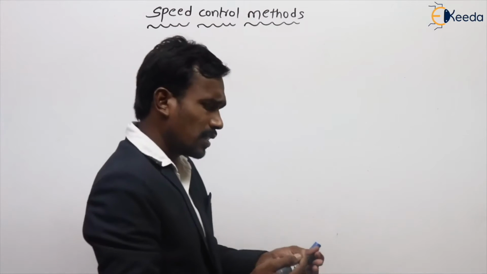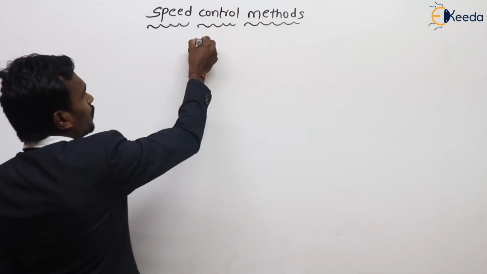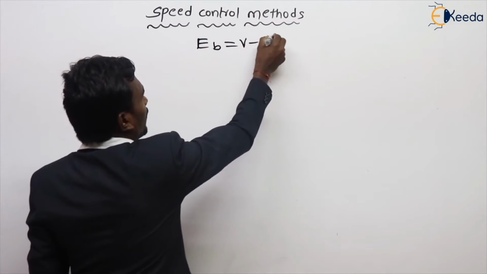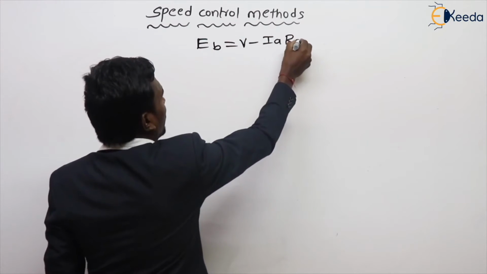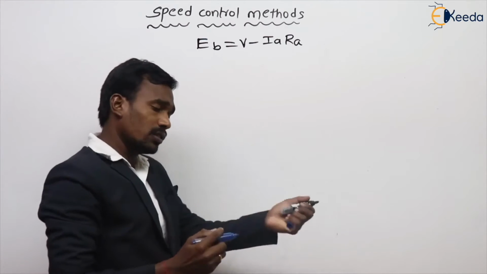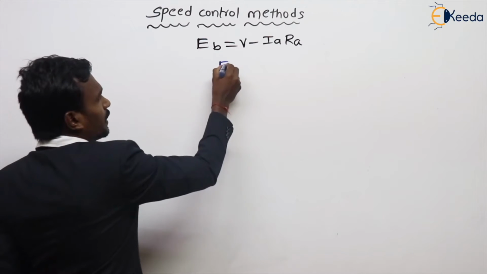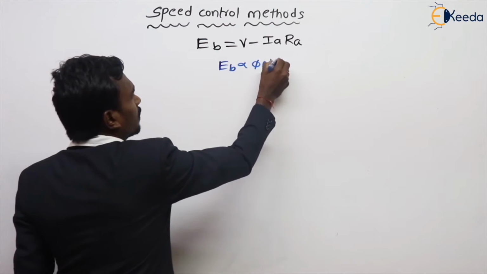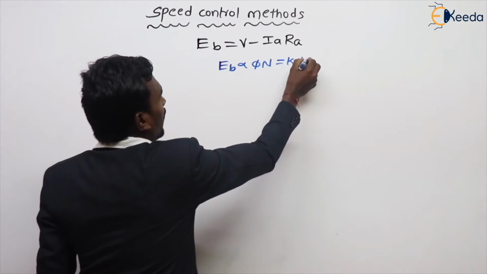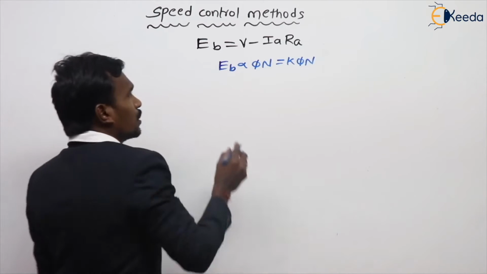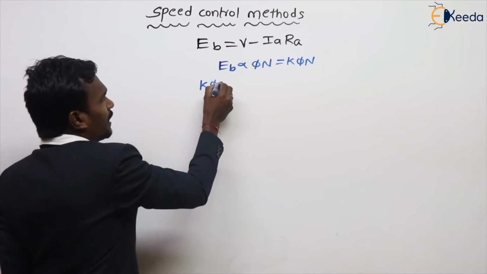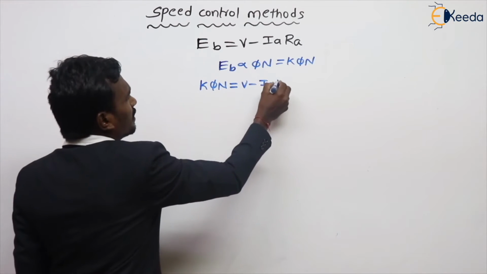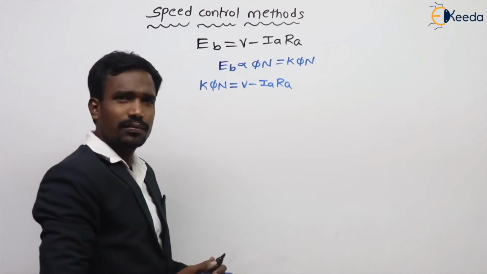Let's see. Generally we know that back EMF Eb is equal to V minus IaRa. Of course, before that we know that Eb is directly proportional to phi into N, nothing but K phi N. So K phi N is equal to V minus IaRa.